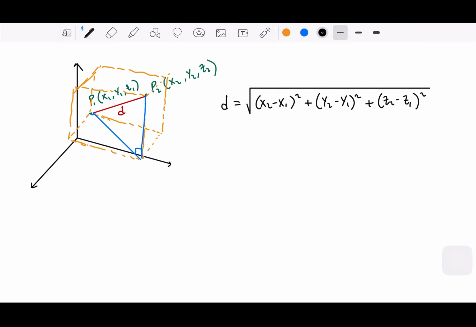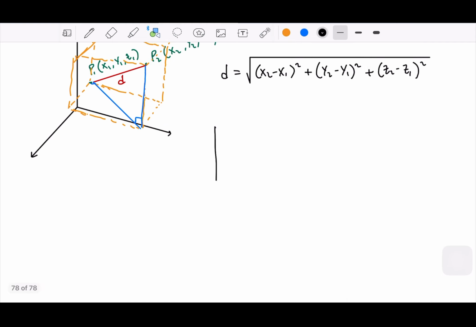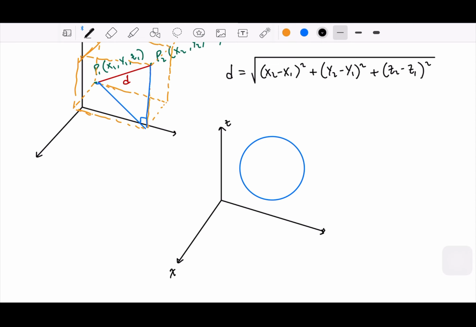Now from this distance, we can also convert into a sphere. So if you draw a sphere, let's say the center is h, k, l.